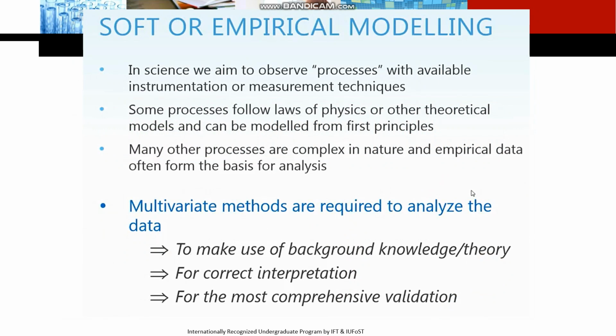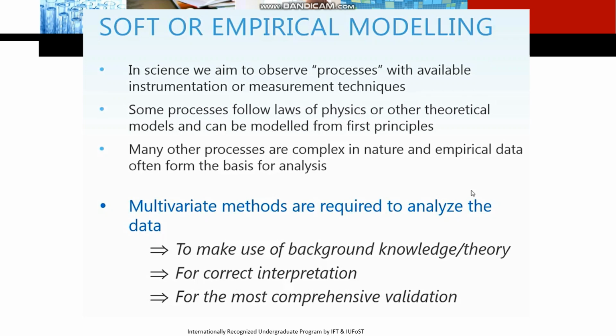Empirical modeling in science aims to observe processes with available instrumentation and measurement techniques, because we cannot do all the measurements directly. So sometimes in the lab we can only focus on one measurement or parameter, or at least two parameters, or at a certain time we can use an autosampler but cannot cover all the parameters.